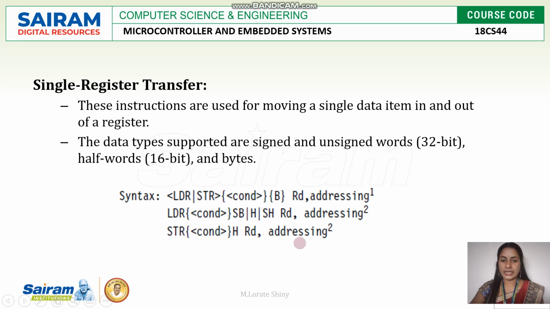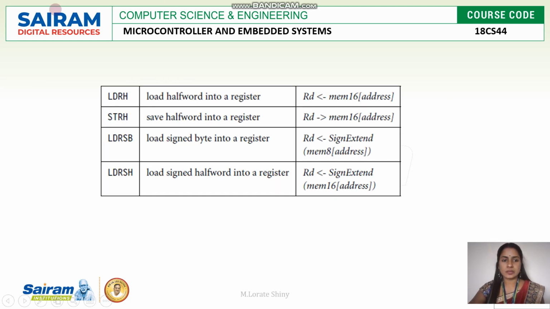Operands are Rd and addressing mode. So other than LDR and STR, we have these four instructions. LDRH means load register half word, STRH means store half word, LDRSB means load signed byte into the register, and LDRSH means load signed half word into the register.